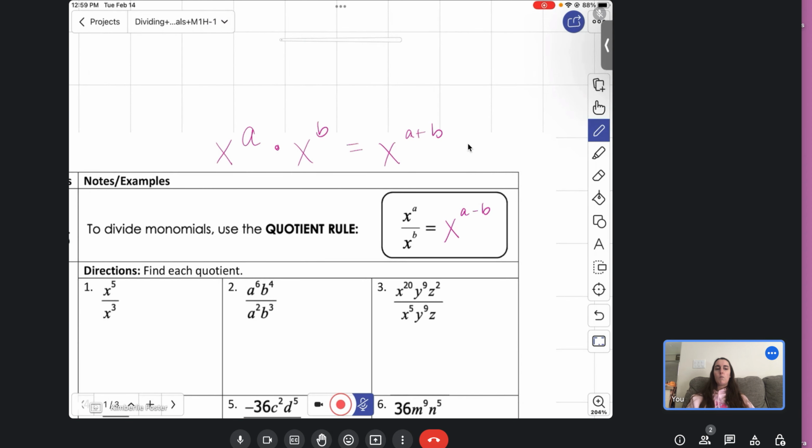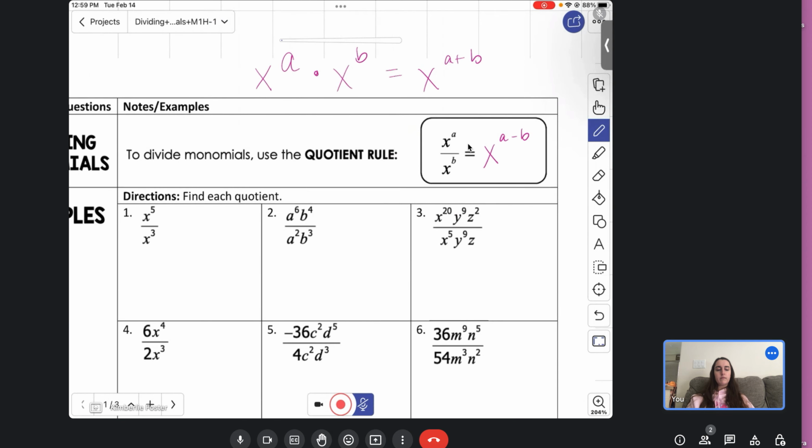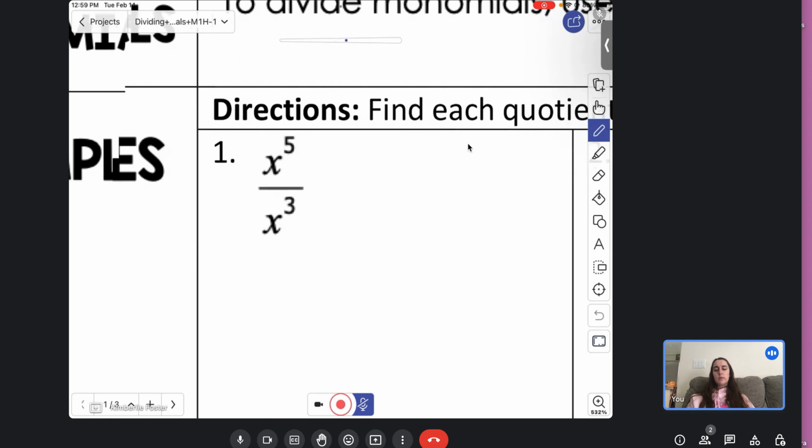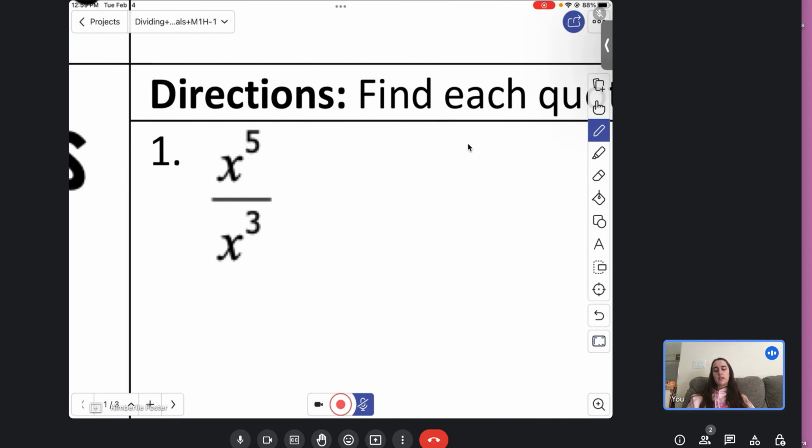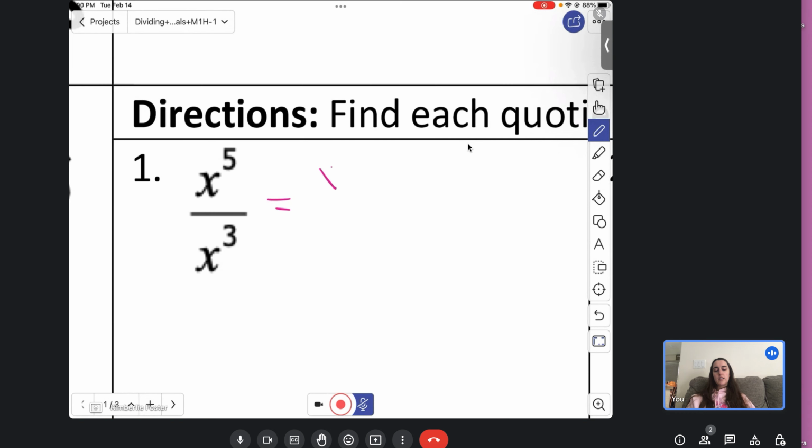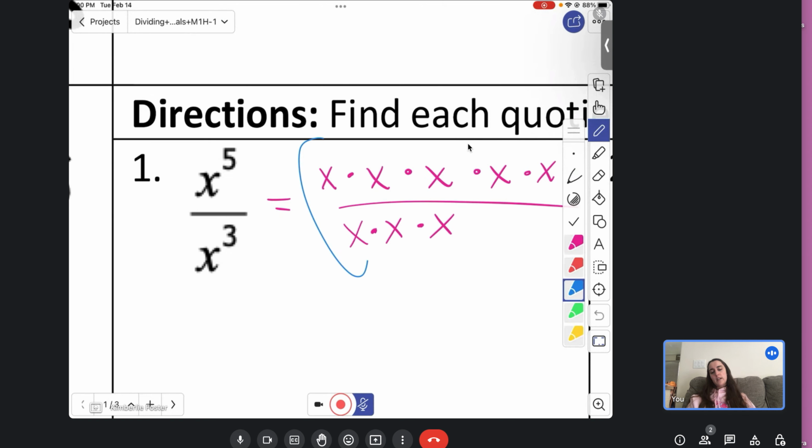Now let's look at why this works. If I were to expand x to the fifth and x to the third, this is x times x times x times x times x, 1, 2, 3, 4, 5, all over x times x times x. Well, let's look at how many groupings of x over x we have.